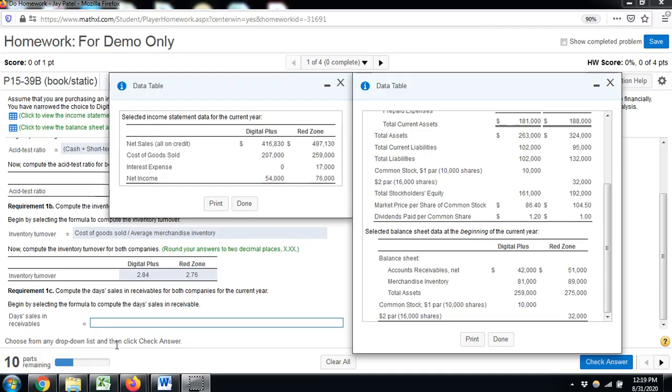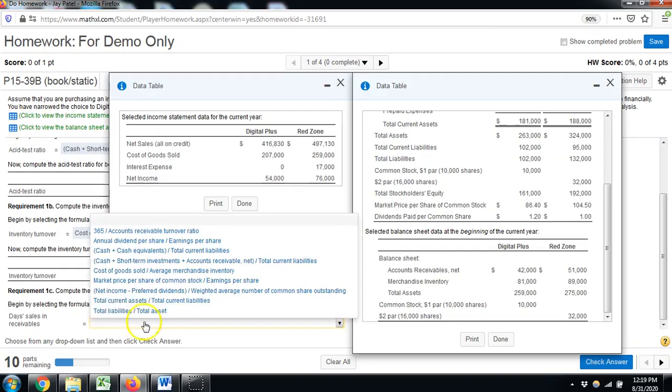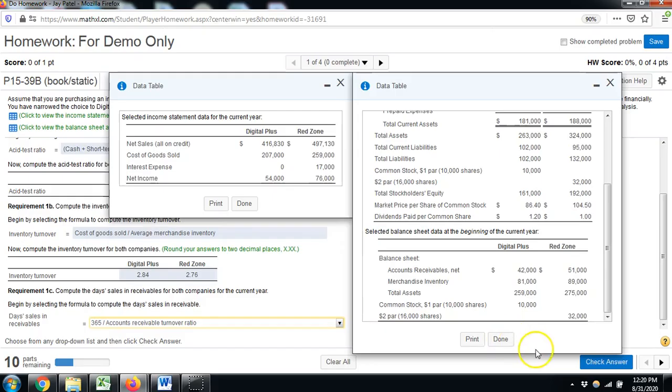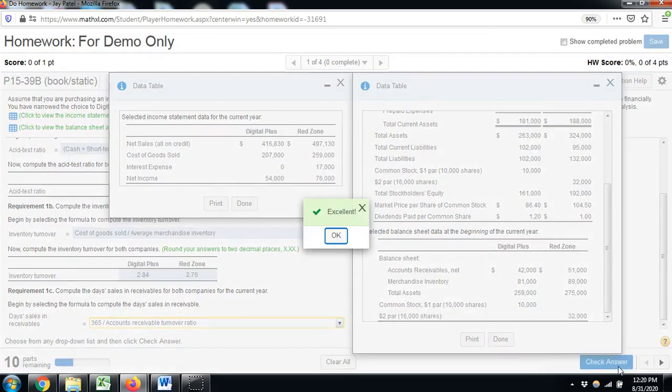So basically it's going to be 365 divided by the accounts receivable turnover ratio, which is equal to basically net credit sales divided by average accounts receivable. So let's see if we can find. Okay, so you can kind of tell right off the bat it's given right here, 365, because it's the only one actually with 365 as the numerator, so it's pretty obvious that this is the only legitimate option.